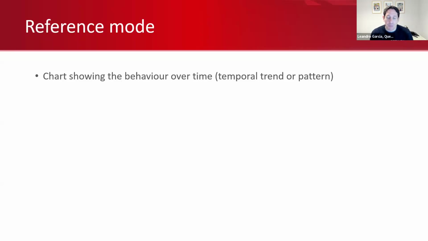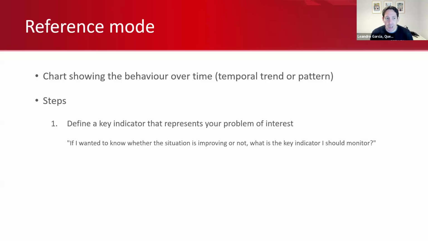To build a reference mode, we have a few steps. The first step is to define a key indicator that represents your problem of interest. If you're speaking about, in this case, cycling among women, or the factors that could contribute to making cycling easier among women, then perhaps a key variable that represents our problem is the levels of cycling among women, right?